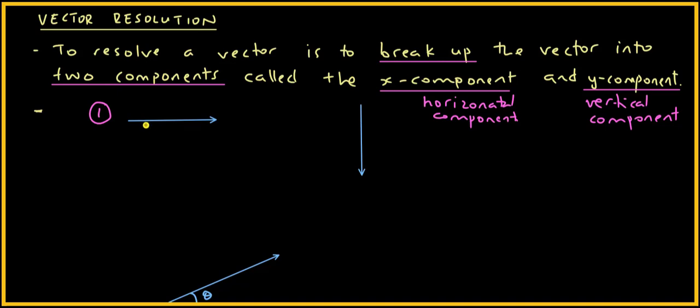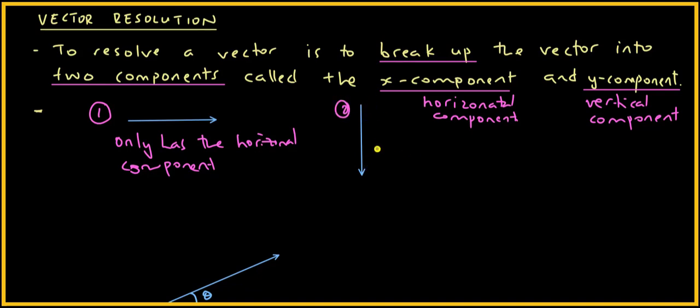I have a number of vectors here. This vector number 1, the horizontal vector, does not have any vertical component to it. So for this particular vector, it only has the horizontal component. So no vertical component for vector number 1. And then vector number 2 here is just acting vertically like this.